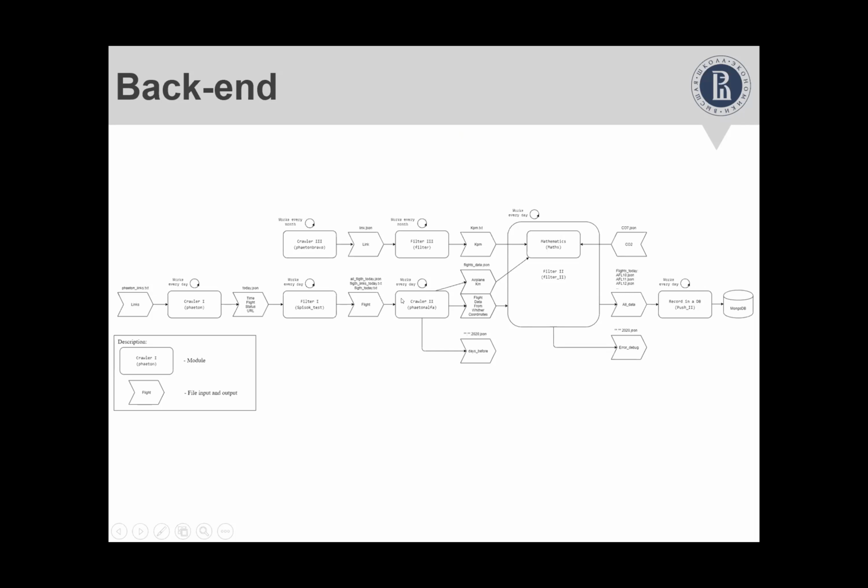Then the second crawler uses this list of flights and searches for information according to this list.